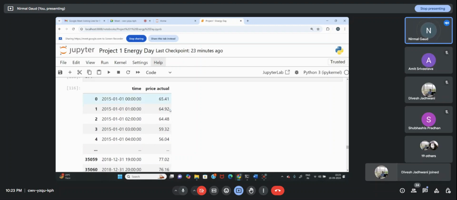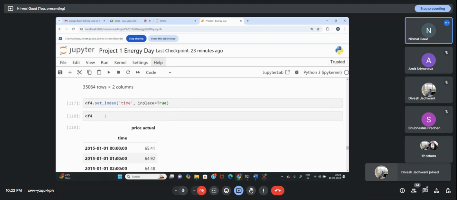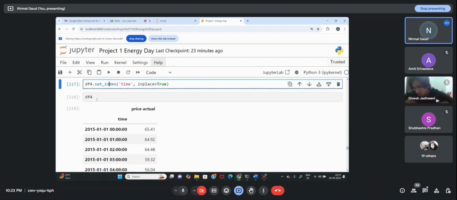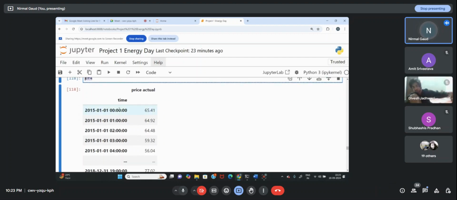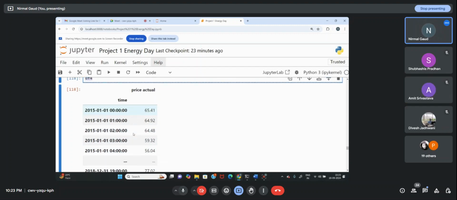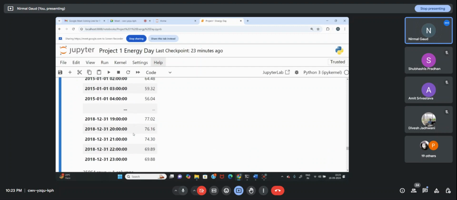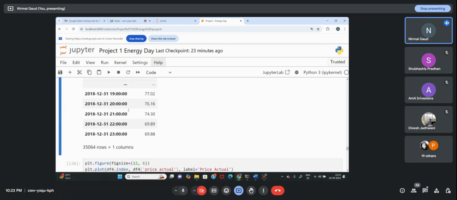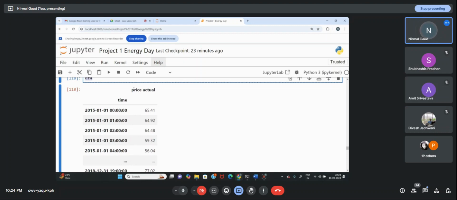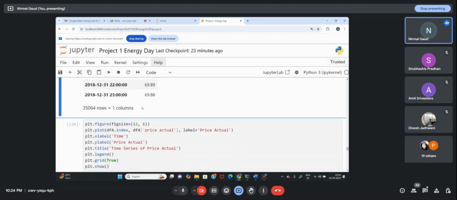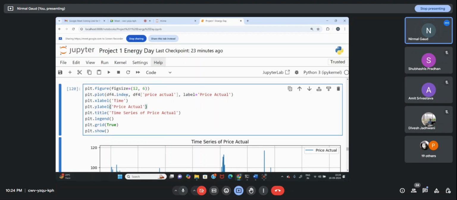Then you have to set the index to time, that means bring time on the index side. So in df4 I brought time on the index side. After bringing that into the index, I made a plot of price actual with the index.